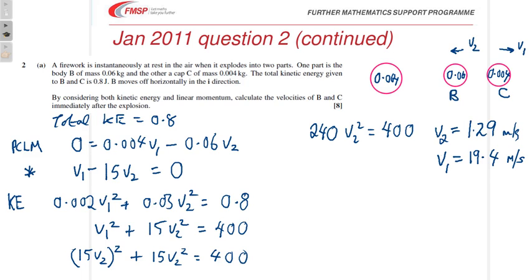Right, that's that part. To save coming back to it, let's just quickly look at where the marks were allocated. There were 8 marks for that, so quite generous. There was an M1 A1 for the principle of conservation of linear momentum, and likewise for the kinetic energy equation. So half the marks were those 4. There was an M1 for solving the kinetic energy equation with, for solving both equations.